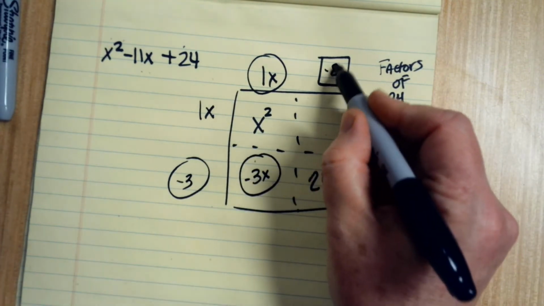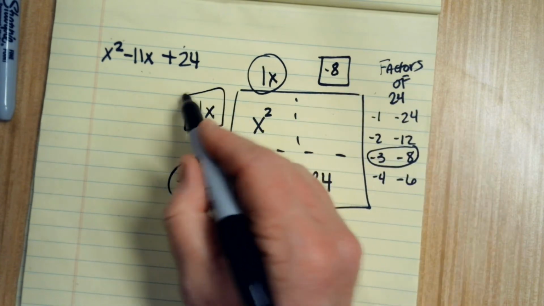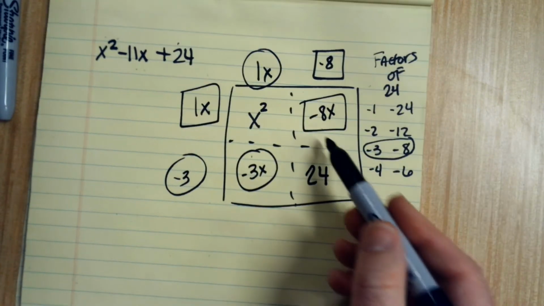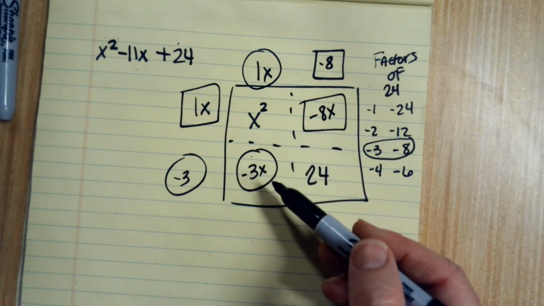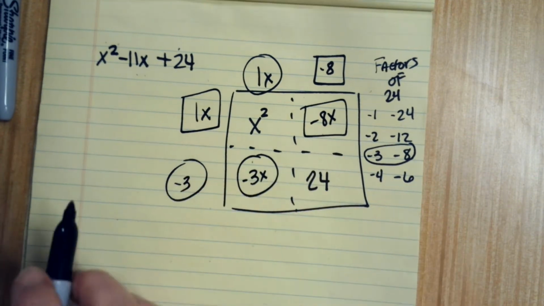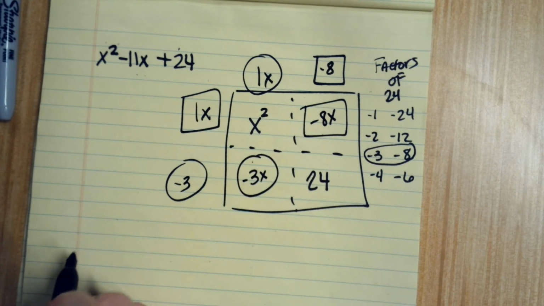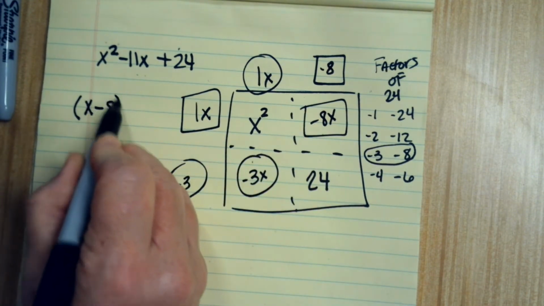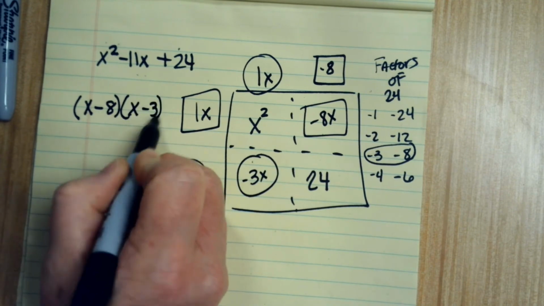If I put the negative 8 here, when I multiply these two items, I get negative 8x. And together, those two are like terms, and if I combine them, I'll get negative 11x. So my factors here are x minus 8 and x minus 3.